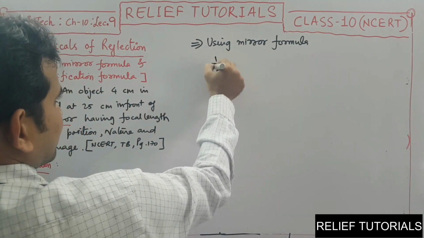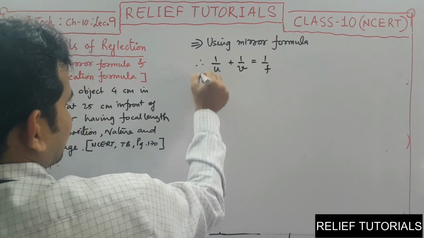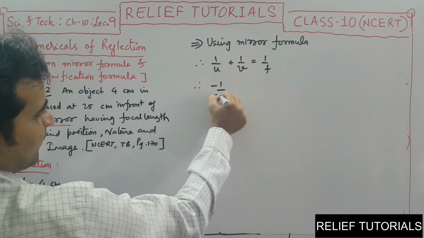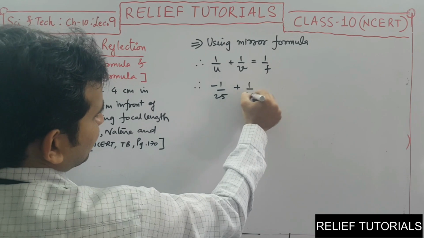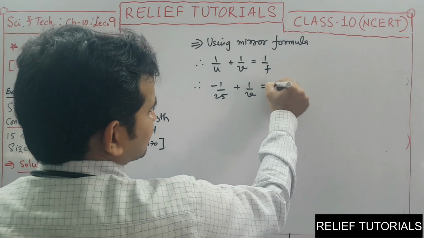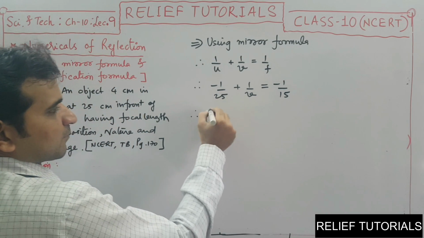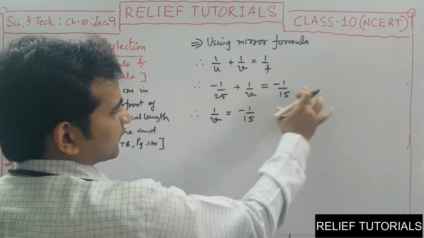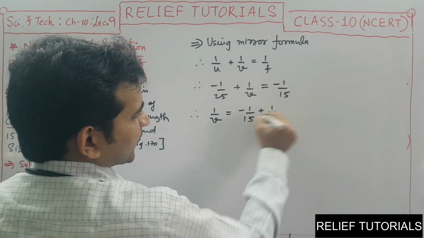Using the mirror formula, 1 by u plus 1 by v is equal to 1 by f. 1 by u means minus 1 by 25, plus 1 by v which is missing here, and 1 by f means minus 1 by 15. Therefore 1 by v is equal to minus 1 by 15, and take this minus 1 by 25 across, so it will be plus 1 by 25.